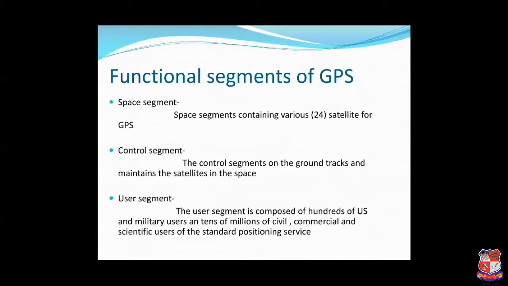And the user segment, the user-friendly segment, is composed of hundreds of United States military users and tens of millions of civil, commercial and scientific users of the standard positioning service. So these are the functional segments of GPS.